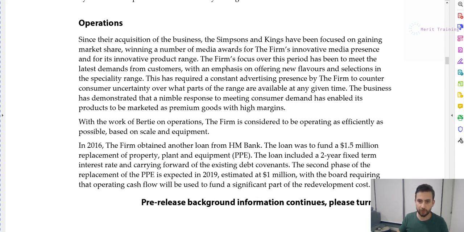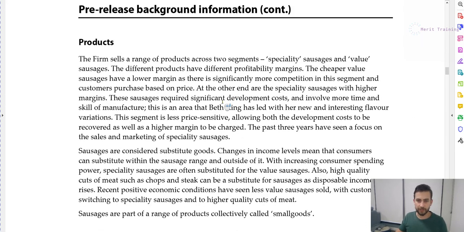And then as a second dot point, I'll say second phase of replacement of PP&E expected in 2019. Cost equal to $1 million. Board requires cash flow used to fund most of this. Okay, cool. Alright, that's an important point.